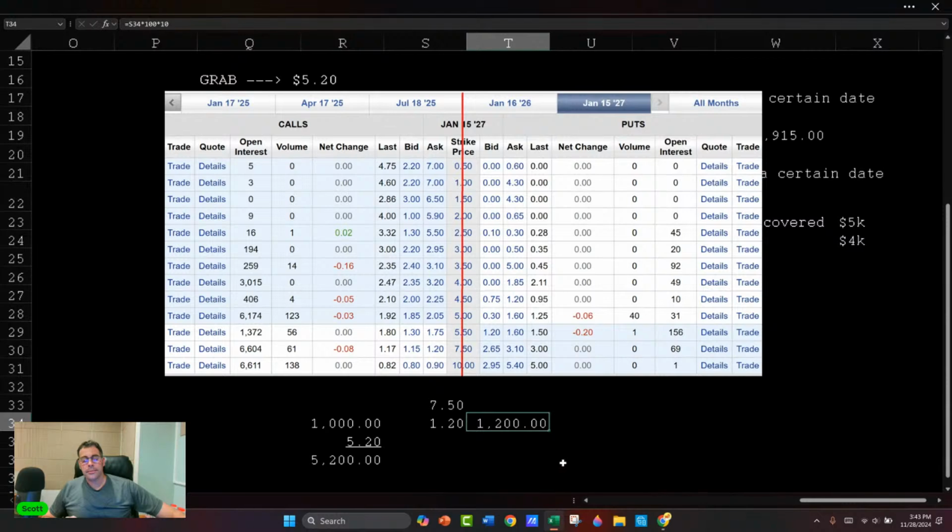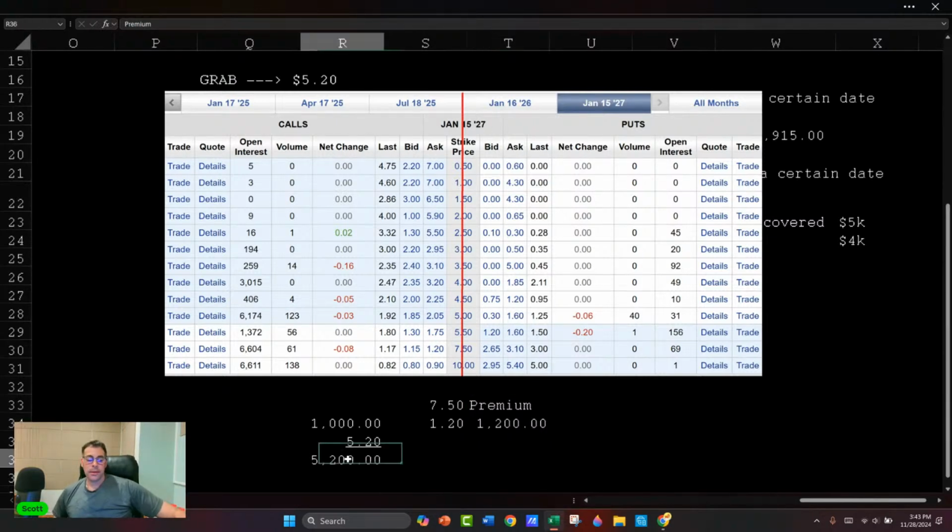So that's how much premium you can earn if you own 1,000 shares of Grab and you wanted to sell covered calls, and you did January 2027 covered calls. So you could earn $1,200, but the shares are kind of locked up till January 2027. So if it goes down in price, then you might have saved a little money by doing this.